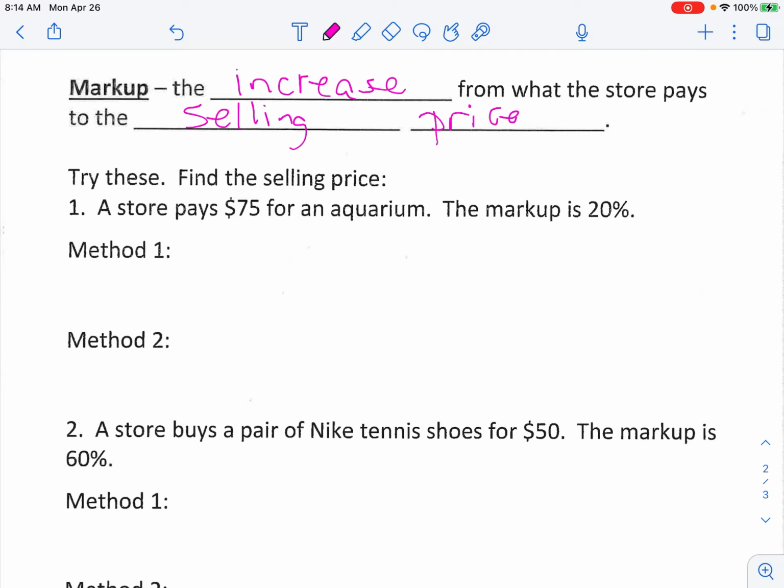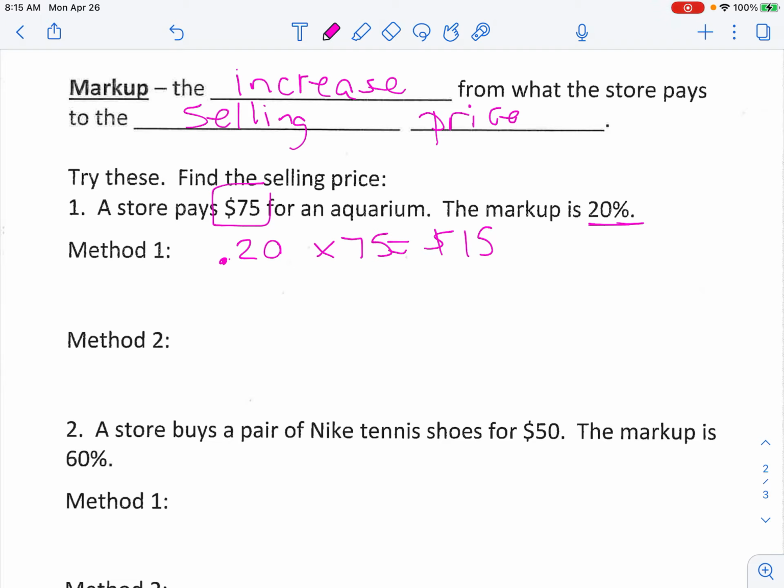A store pays $75 for an aquarium, and the markup is 20%. So we're going to figure out how much they're going to charge you. So what I'm thinking is 20% of $75 equals 15.